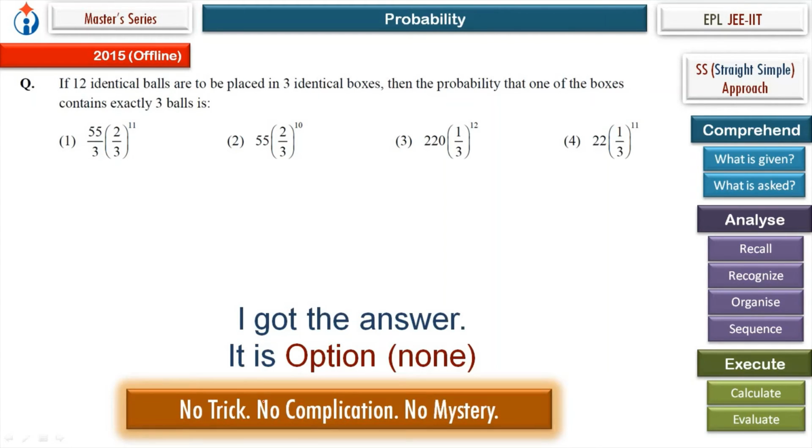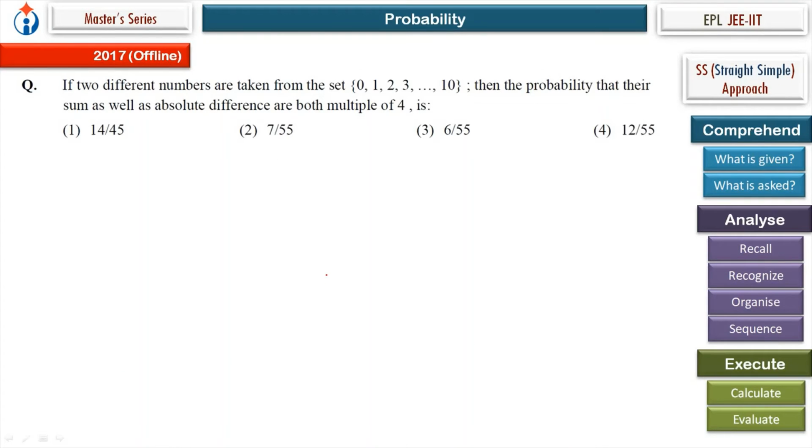No trick, no complication, no mystery. 2017 offline question paper, and the question is: if two different numbers are taken from the set 0 to 10, so natural numbers and zero, whole numbers from 0 to 10 are in the set, then the probability that their sum as well as absolute difference are both multiples of 4.